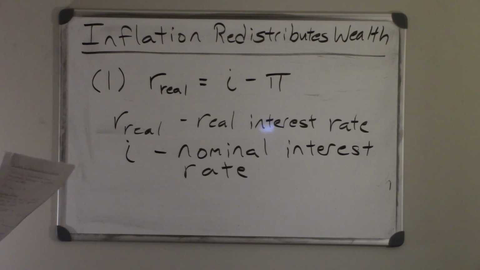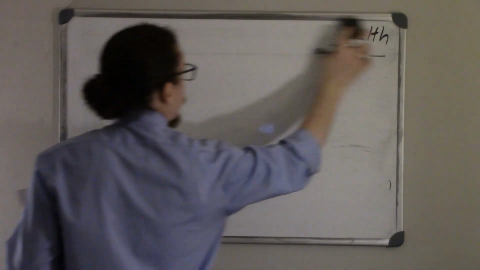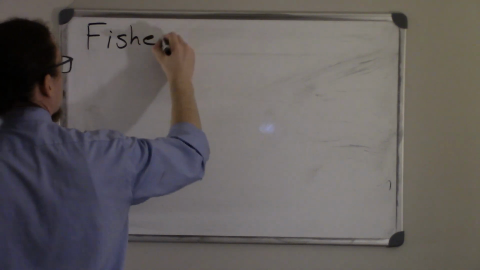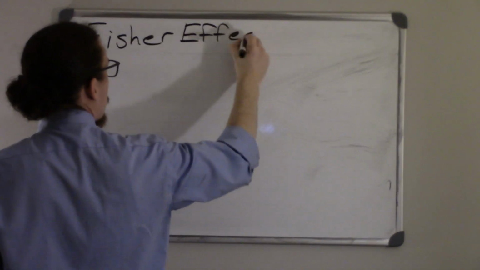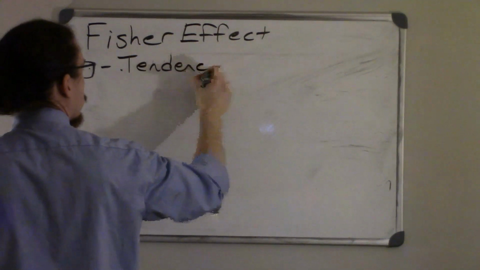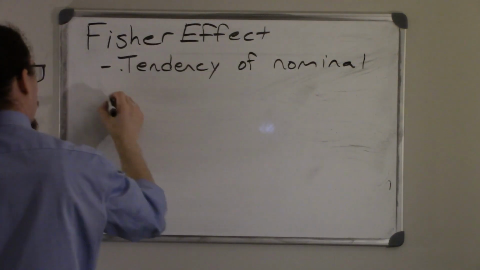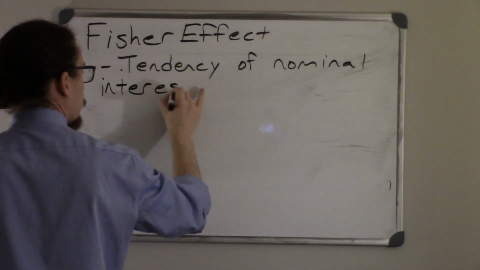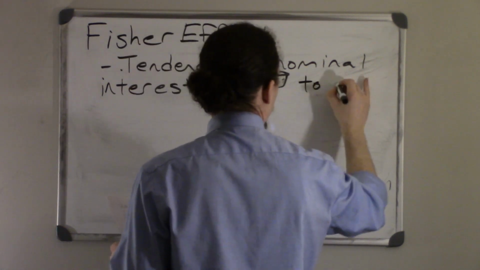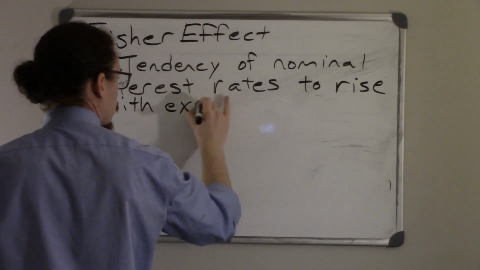Right, so we're going to let that sit there for a second, and then we're going to talk a little bit about what's known as the Fisher effect. So the Fisher effect is the tendency of nominal interest rates to rise with expected inflation.